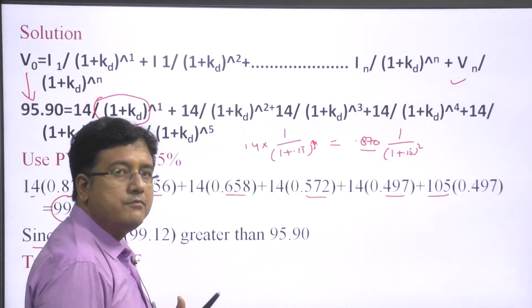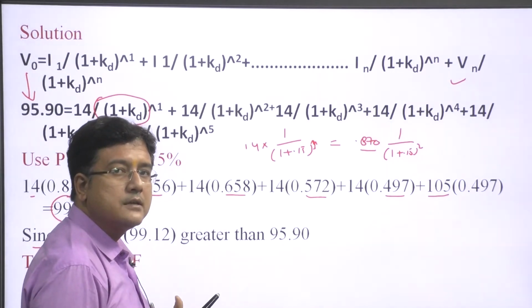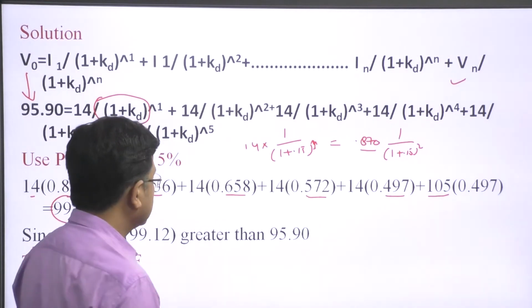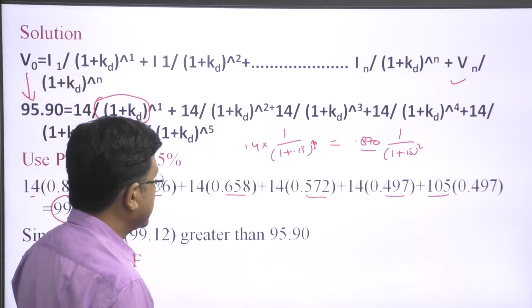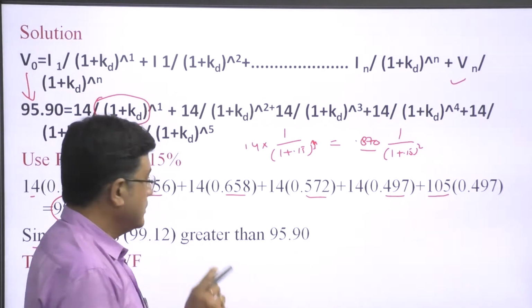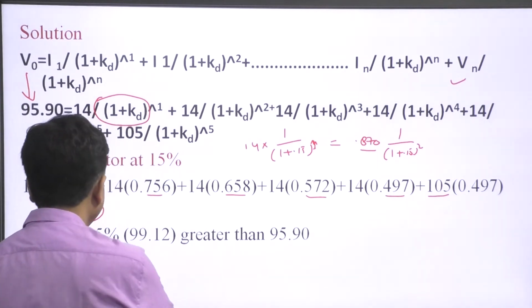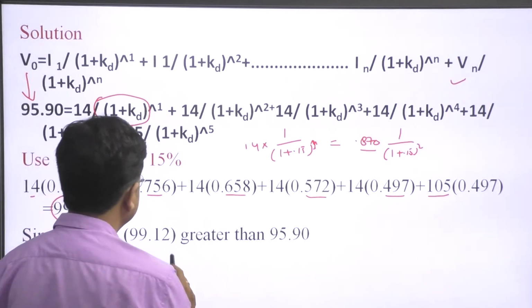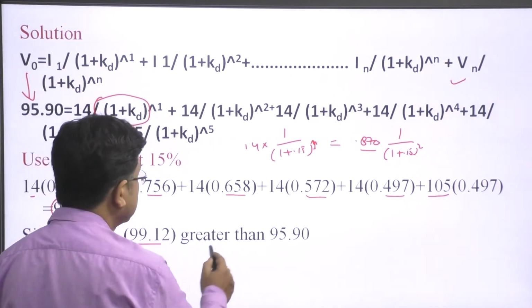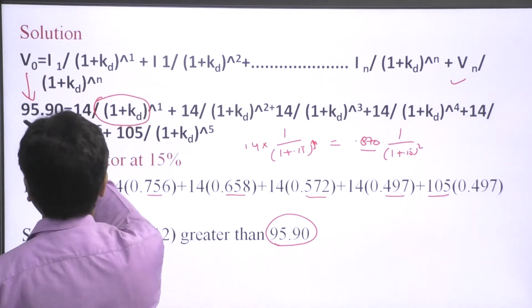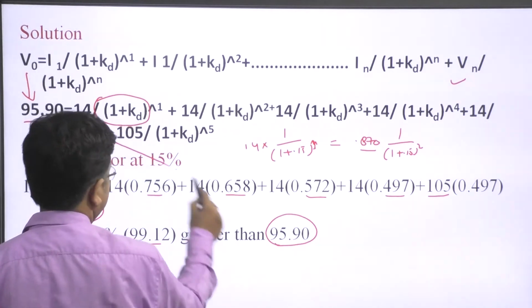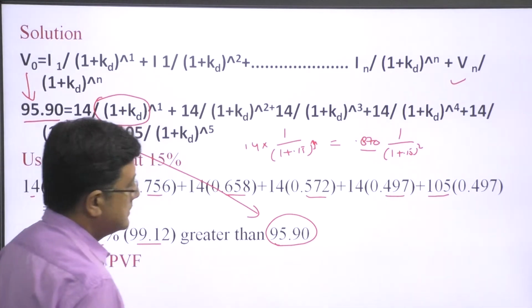But our answer must be 95.90, because we want to calculate the selling price at the present rate. At 15% rate of return, the answer is 99.12, which is greater than 95.90.